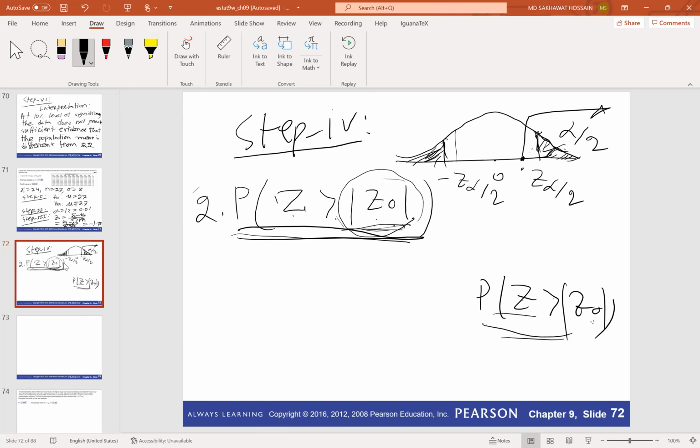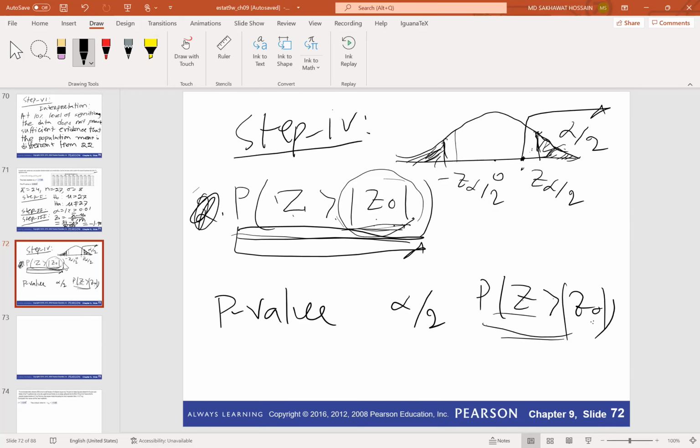That's why we are multiplying with 2, because the p-value, and we are comparing with alpha over 2. Here the thing is that if you compare this p-value with alpha over 2, that's fine. Then you do not need to multiply with 2.